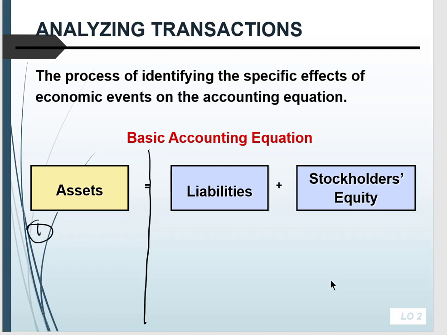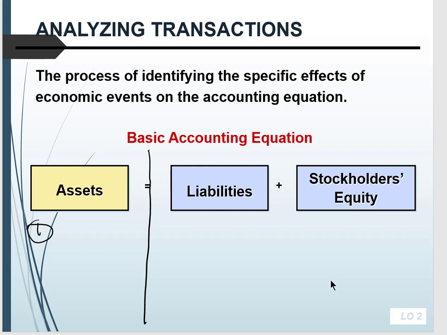Here's transaction one. Transaction one is going to affect at least two accounts or two lines, two columns, if you will. It's going to affect at least two of them. And we'll talk about how that works as we go through some examples.